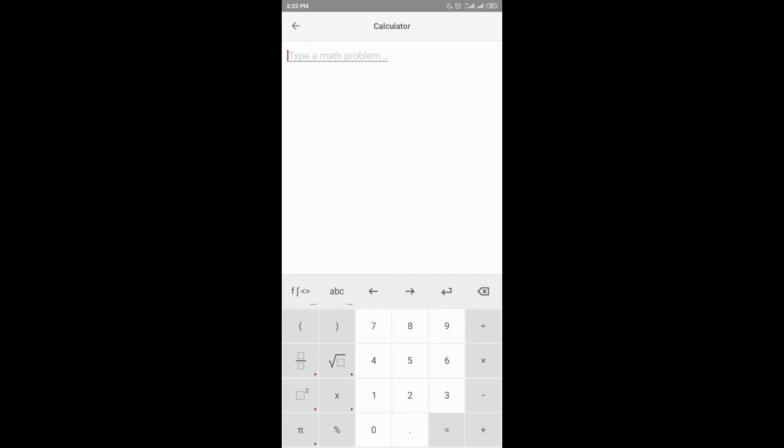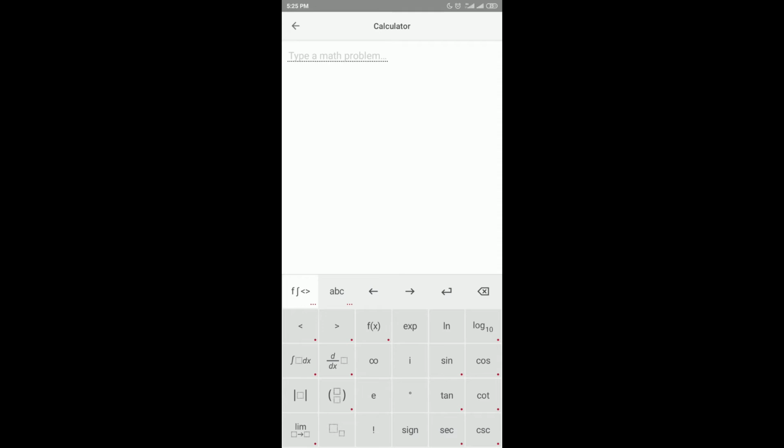In this calculator, you can solve many types of equations. For example, I want to solve integration. You just go to this F integral and less than, more than button here, and then you can find any type of equation depending on the question given.